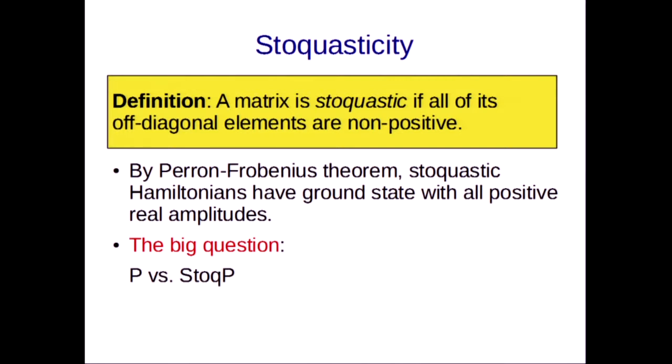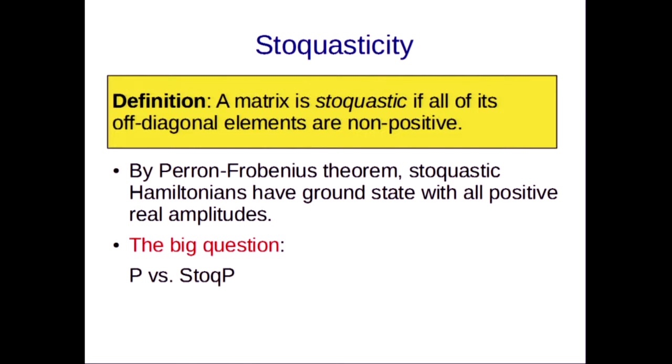They're just normalized differently. And so it raises a question of, well, if you have all these positive amplitudes, there's not any obvious destructive interference going on. Could you actually simulate these processes using some classical probabilistic process? Or if you want to formulate it in a complexity theoretic way, you could call this the P versus stochastic P question.